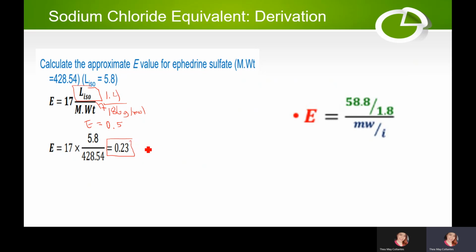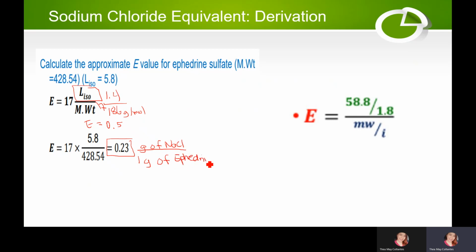So what do we do? When we talk about sodium chloride equivalent, it is literally equivalent: how much sodium chloride is equivalent to a certain amount of my ephedrine. So when you state an E-value, this is how you interpret it, or this is its unit: you have 0.23 grams of NaCl in every 1 gram of my ephedrine sulfate.